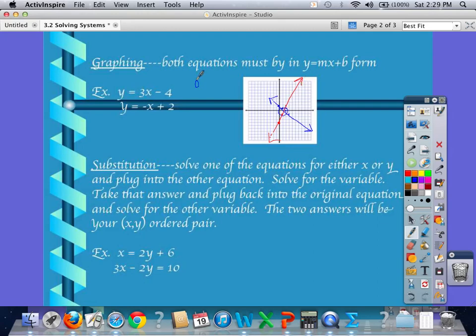This would be one solution, and that solution would be that ordered pair. It looks like 1, 1.